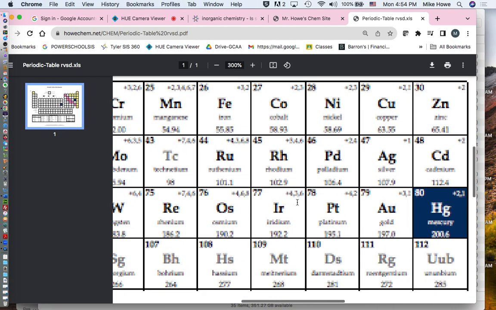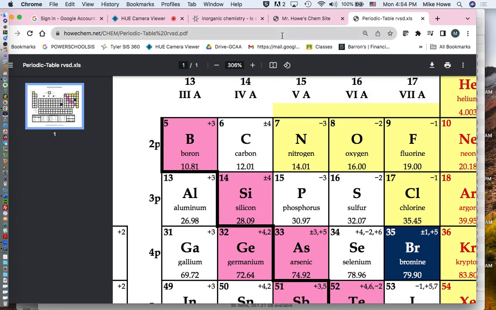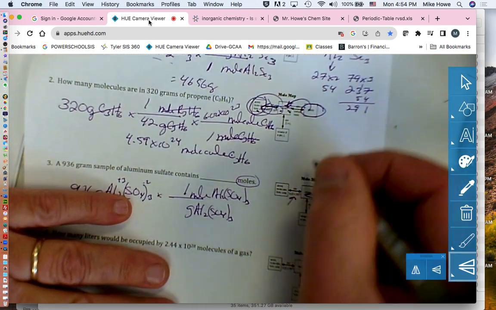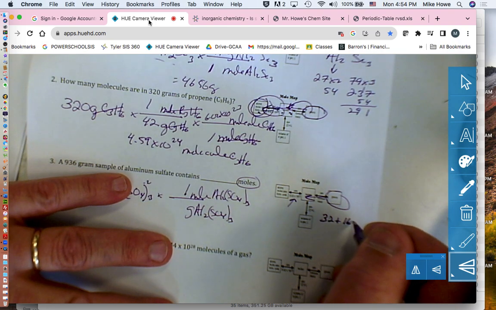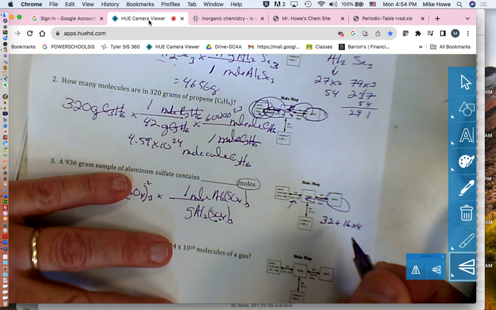The sulfur, remember I said it's 32, and oxygen 16. So go back over here. I'm going to put this in parentheses. In the parentheses I have 32 plus 16 times 4.